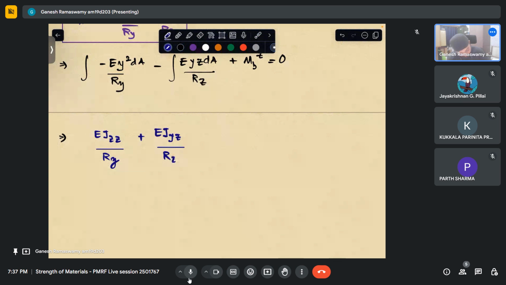So this is one of the equations. And this I have got by balancing out the moments along the z direction.